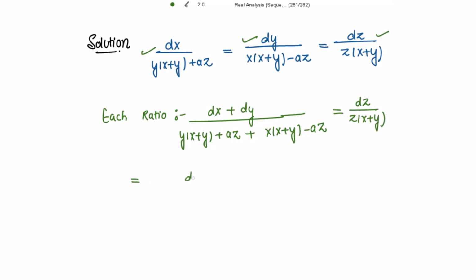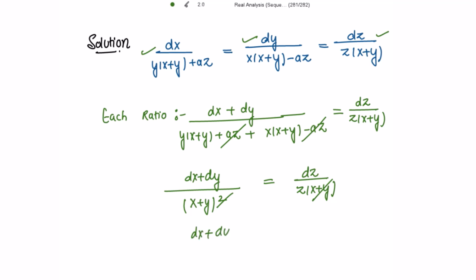So we get dx plus dy in the numerator, and in the denominator we have x plus y whole square, equal to dz divided by z into x plus y. Cancelling one x plus y from both sides, we get dx plus dy divided by x plus y equals dz divided by z.